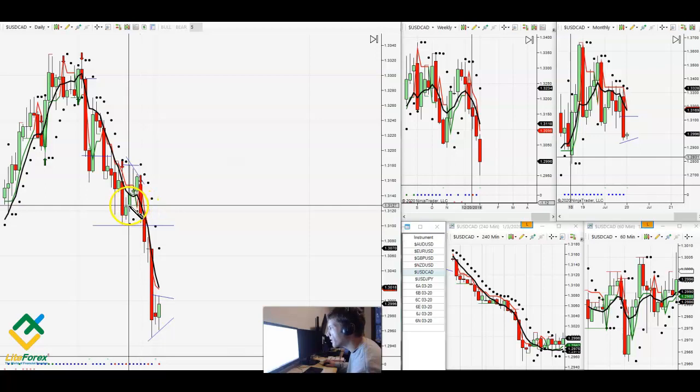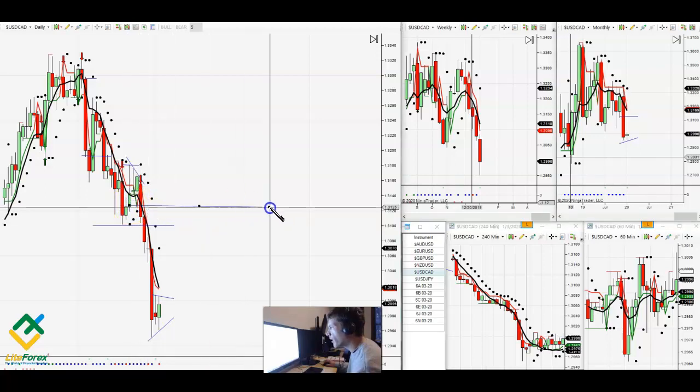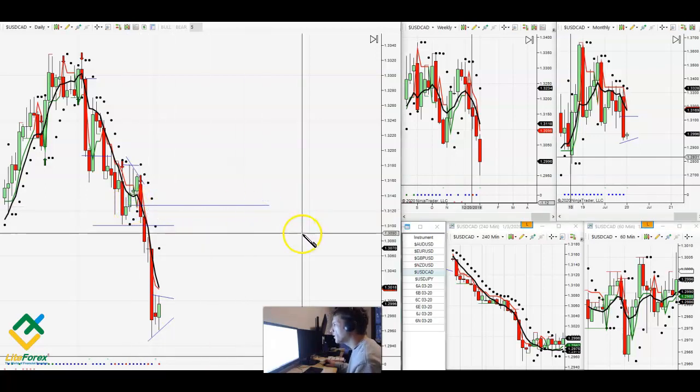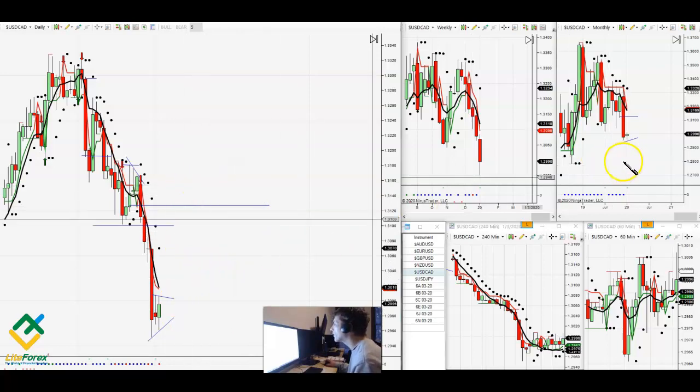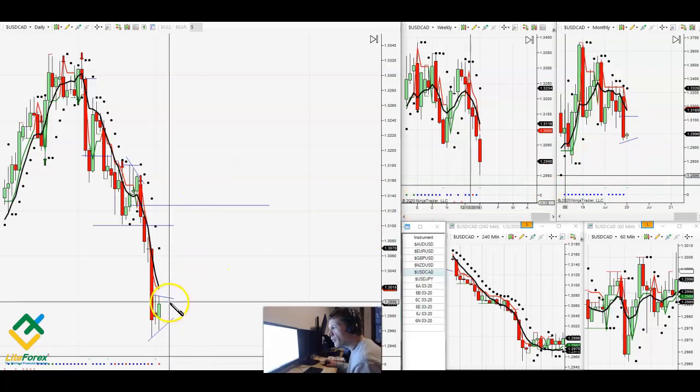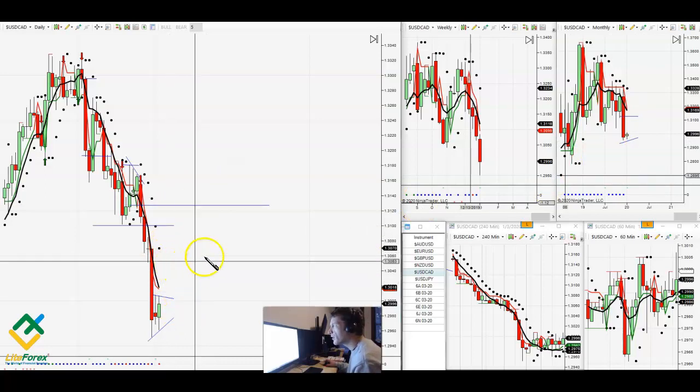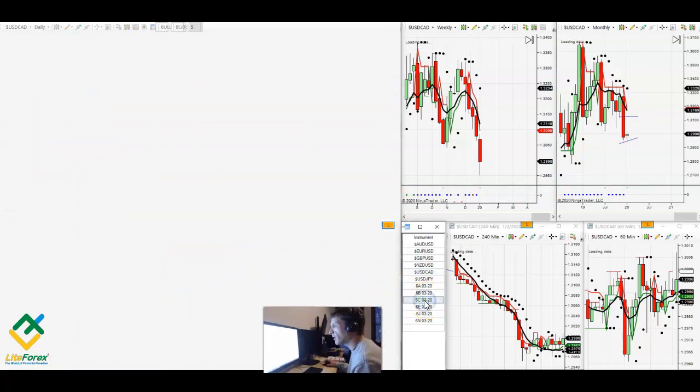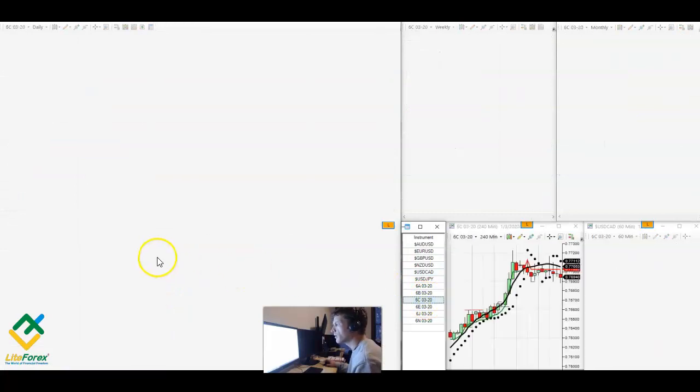Now, I'm not saying it's going to rebound all the way to that price, but we have to plan for a potential move all the way up to that price. I think there's more upside on the USDCAD, but let's take a look at the Canadian futures.